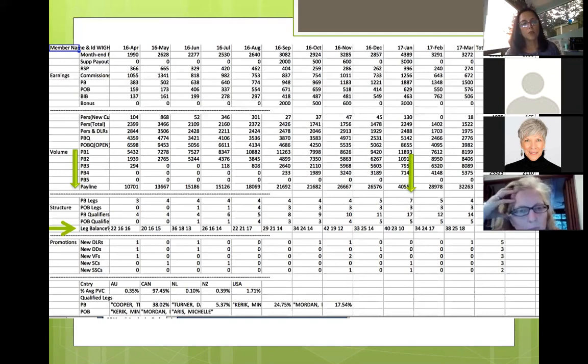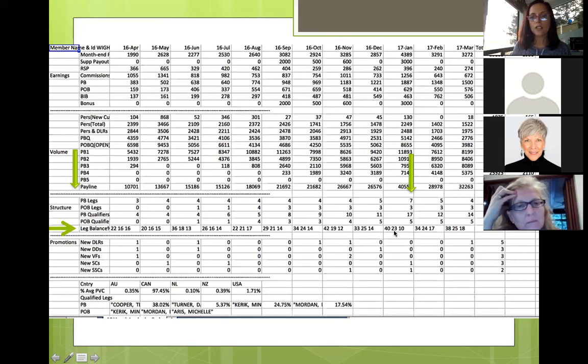This is something they warned us at the NMD meeting they're going to bring in by 2018, is that whether it's NMD, whether it's club levels, like 12 club, 24 club, 50 club, you can't have it be one-legged. You have to have a balance between your legs. So between her 3 top legs, one leg is doing 22%, the other leg is doing 16, the other leg is doing 16.